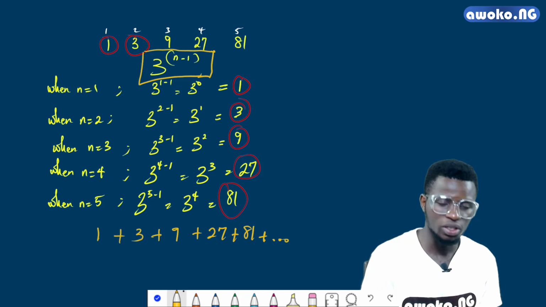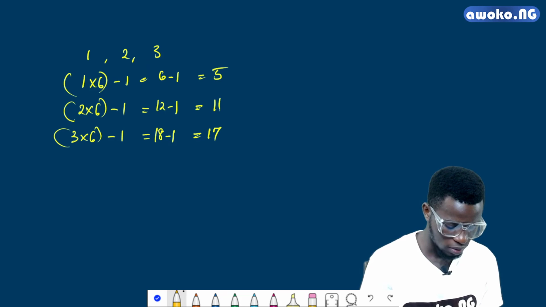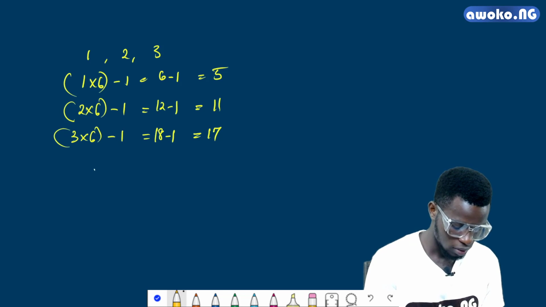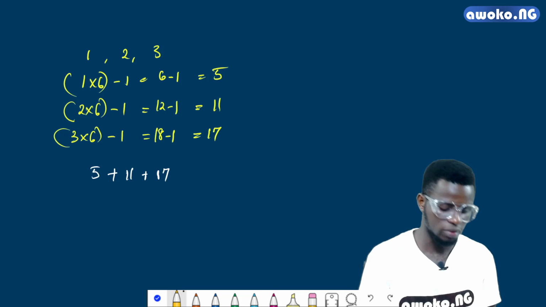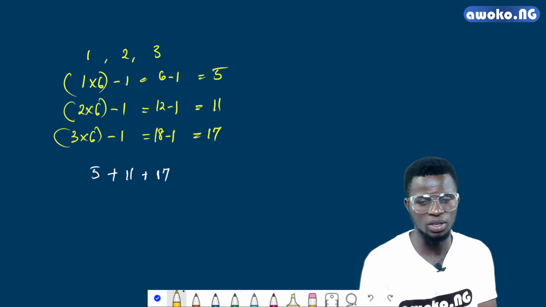So this is the series representation of the sequence that we have over here. We can do the same thing for the other one, and it is simply 5 plus 11 plus 17. This is actually the major difference between series and sequence, and this lecture is just an introduction to sequence and series.